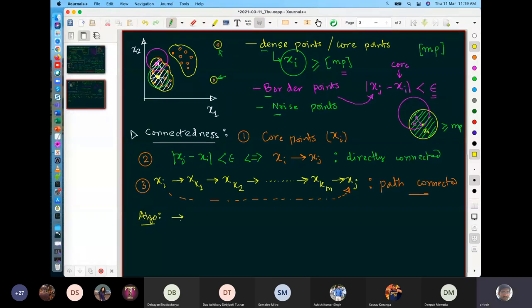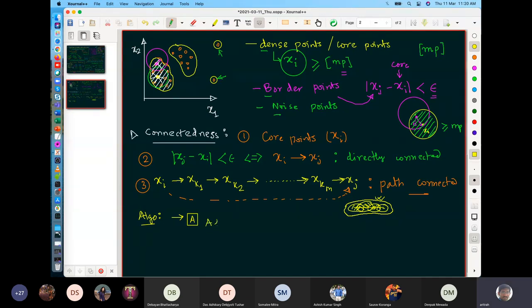First of all, step A would be: all points that are path connected from a core point form a cluster. Obviously, you can understand why this path connected definition works, because I am forming a chain of points, and path connected means if this is dense, this is dense, this is dense, this is dense, then obviously this is forming a cluster.